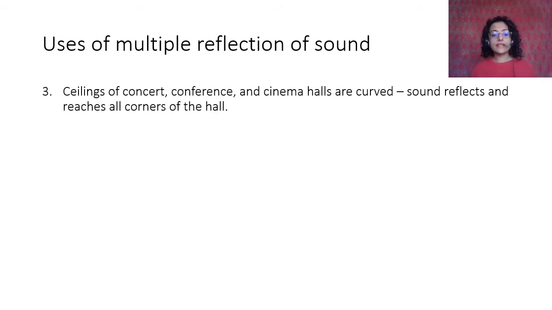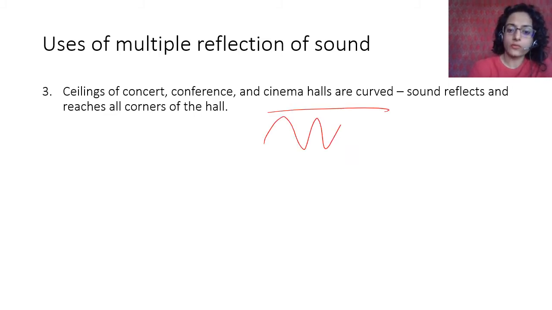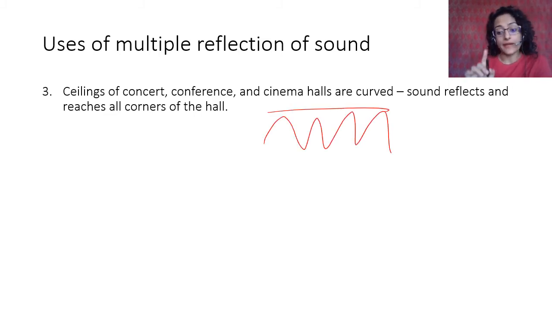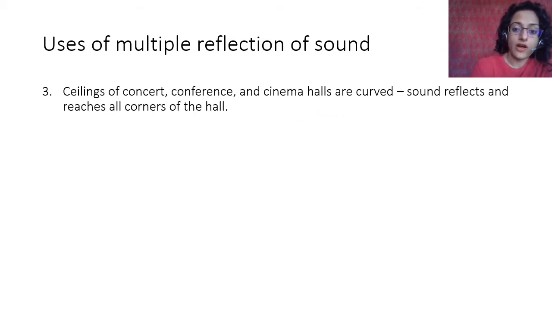Again, ceilings of concert, conference, and cinema halls are curved, right? We have talked about reverberations, that if you want to reduce that, if it is like this, then they all get reflected from this area and go here and there. But at the same time, these conference halls also have a curved surface. What does that do?